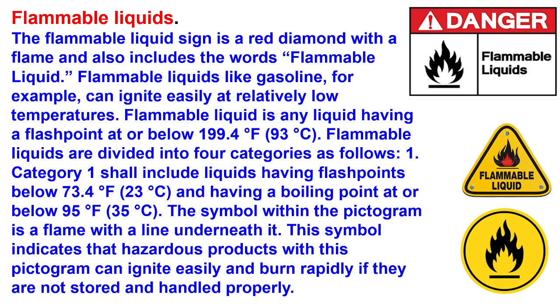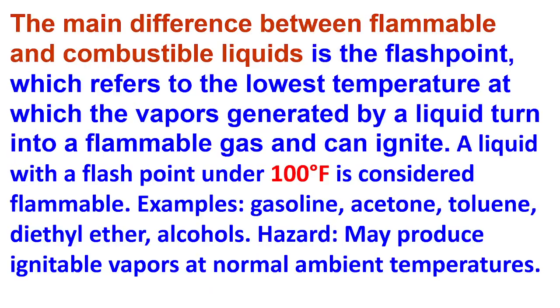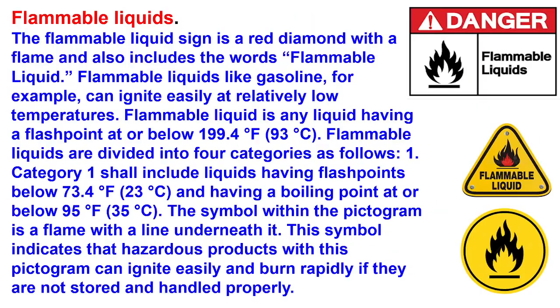Flammable liquids. The flammable liquid sign is a red diamond with a flame and also includes the words flammable liquid. Flammable liquids like gasoline, for example, can ignite easily at relatively low temperatures. Flammable liquid is any liquid having a flashpoint at or below 199.4 degrees Fahrenheit. Flammable liquids are divided into 4 categories as follows. 1.